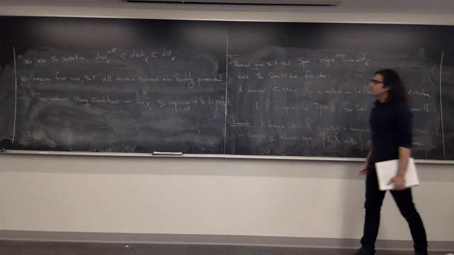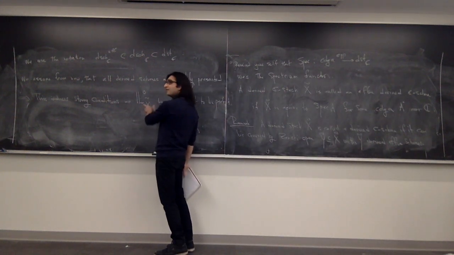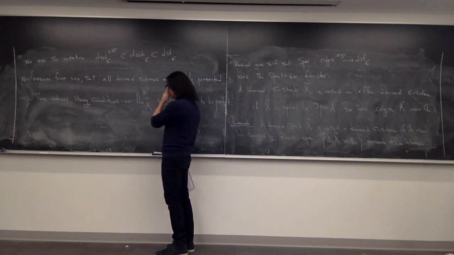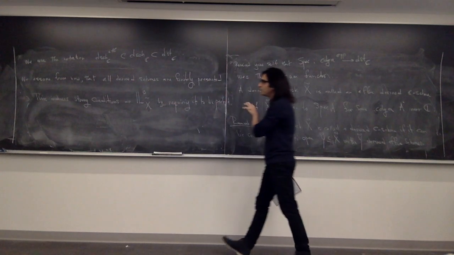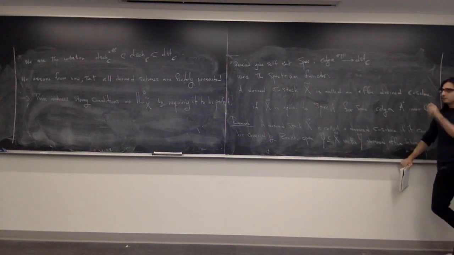Meaning that every time that you cover your scheme by derived affine schemes, those are your local charts, the description of your cotangent complex as an algebra over the underlying CDGA of that affine chart should be finitely many copies of that algebra, probably with different shifts. So that is what makes a cotangent complex a perfect object.